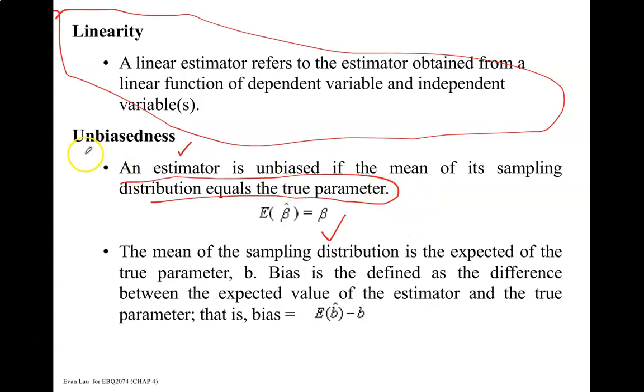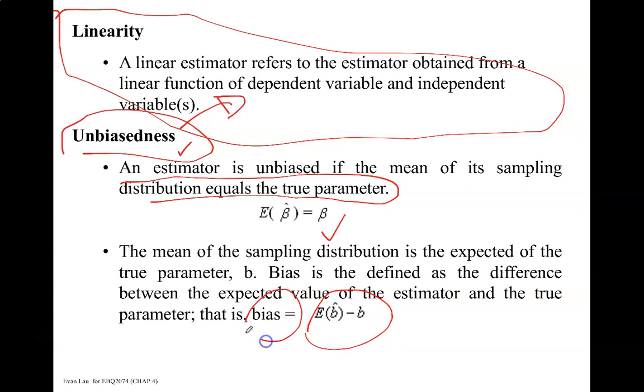So that is unbiasedness. The opposite is actually called bias. So rather than being biased, this estimator is unbiased, right? In that sense, if this is called bias, then this is called unbiased, meaning the mean of the sampling distribution equals the true parameter.